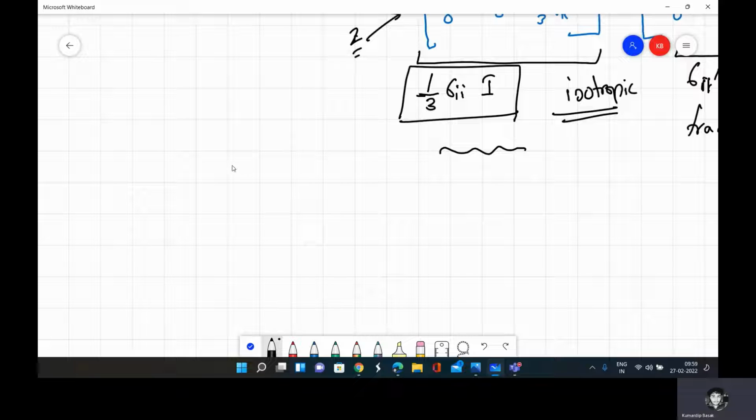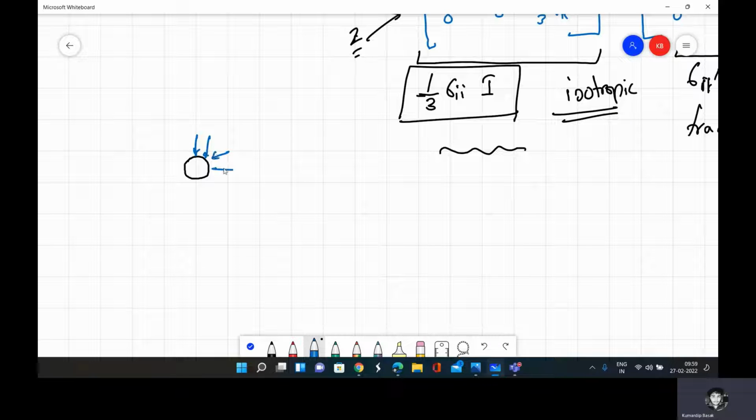Therefore, if we draw a fluid element like this in 2D, the forces acting on it due to the isotropic part will be symmetrical. In case of 3D, spherically symmetrical. In case of 2D, circularly symmetrical.